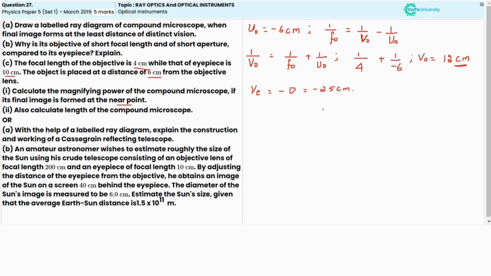Then 1 by u e is equal to 1 by v e minus 1 by f e, that is equal to 1 by minus 25 minus 1 by 10. Then u e is equal to minus 7.14 centimeter.